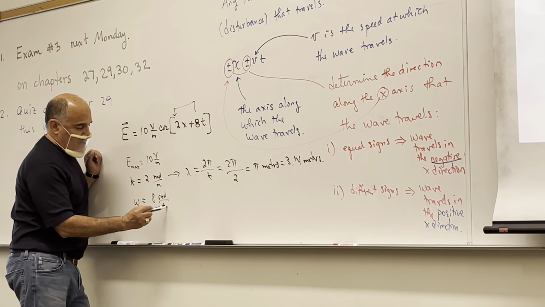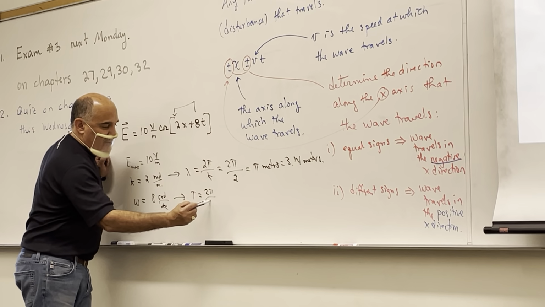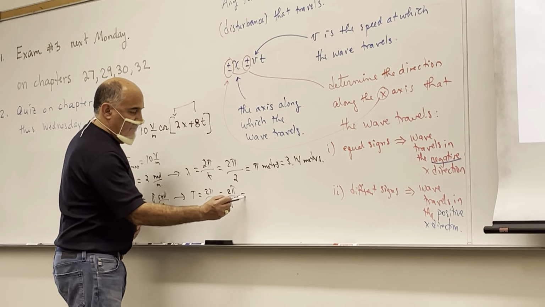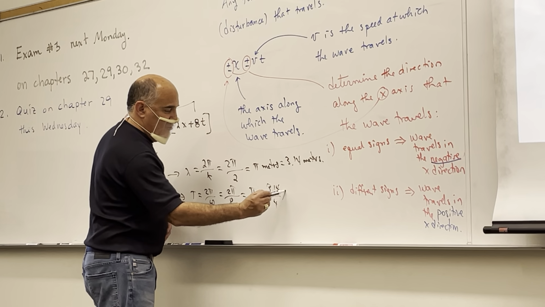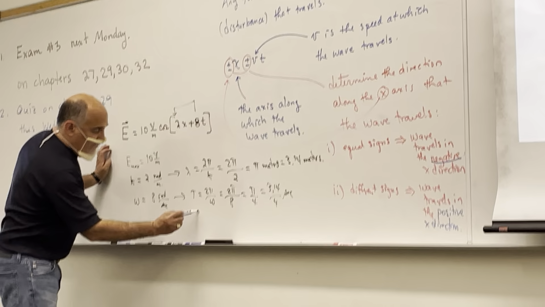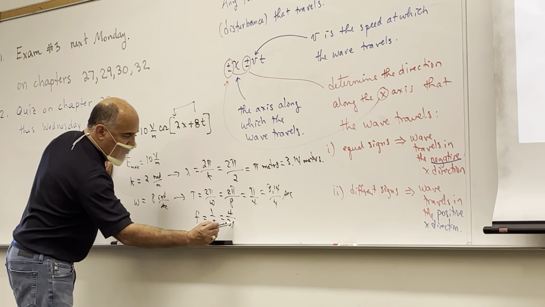So from this you can get the period. The period is 2 pi over omega. So it'll be 2 pi over 8, so pi over 4. So 3.14 over 4 seconds per cycle. And the frequency will be 1 over the period. So it'll be 4 divided by 3.14 hertz.